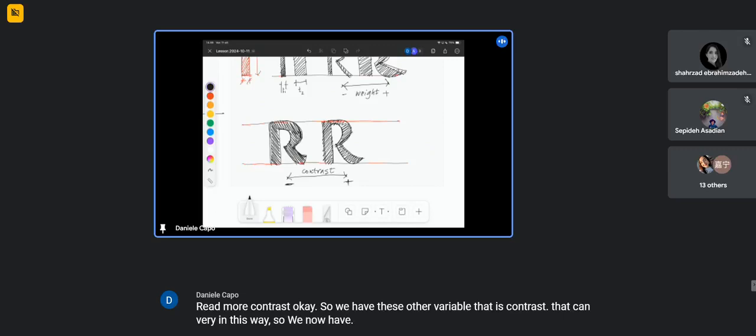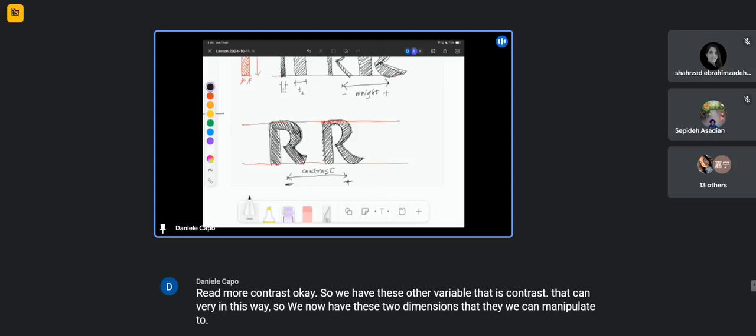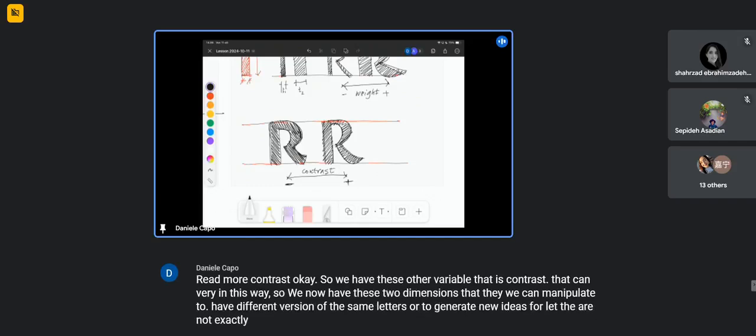So we now have these two dimensions that we can manipulate to have different versions of the same letters, or to generate new ideas for letters that are not exactly the classical Roman capitals.